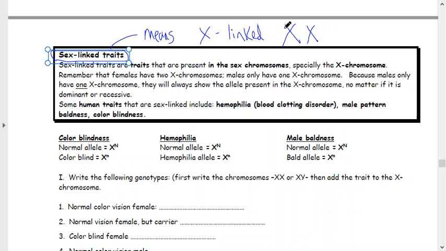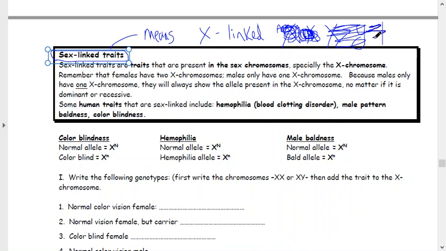So let's say right here, I'm sorry, that's confusing. When I say X chromosome, the chromosome itself is not necessarily shaped like an X, and the Y chromosome is not necessarily shaped like a Y. The X chromosome is just a single line if it hasn't copied itself yet.